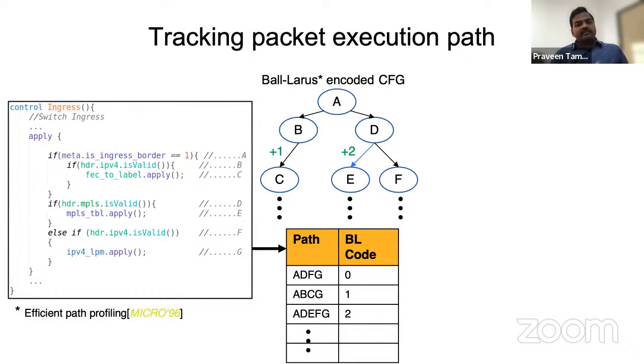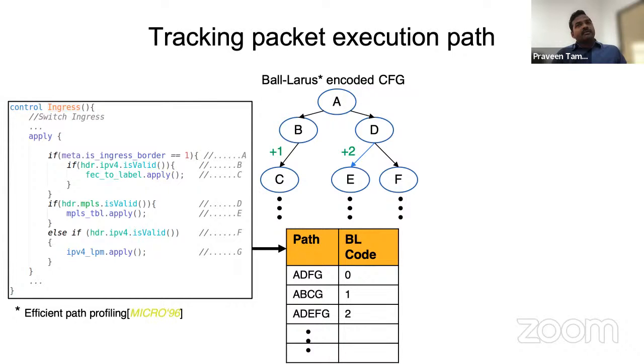And for tracking packet execution path, we rely on one popular path profiling technique called Ball-Larus encoding, where you could represent a P4 program as a control flow graph, a directed control flow graph. Since there are no loops in P4, it is easy to do so.